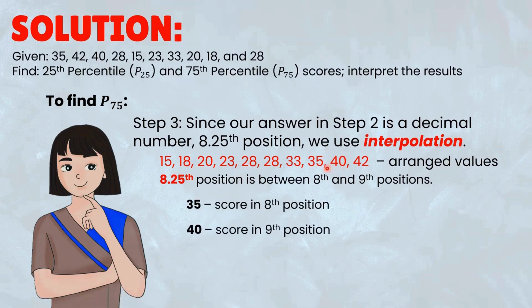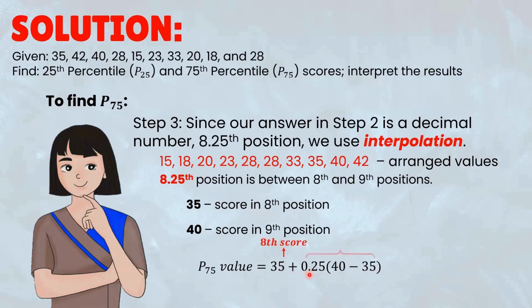Okay. Now to get the score that corresponds to the 8.25th position, we have to add the 8th score and the 0.25th score. So percentile 75 value is equal to 35 plus 0.25 times the quantity 40 minus 35. 35 in here is our 8th score, and the expression 0.25 times the quantity 40 minus 35 is our 0.25th score.